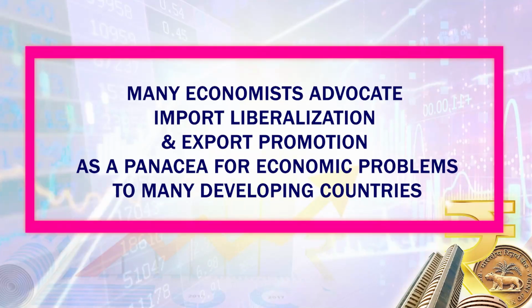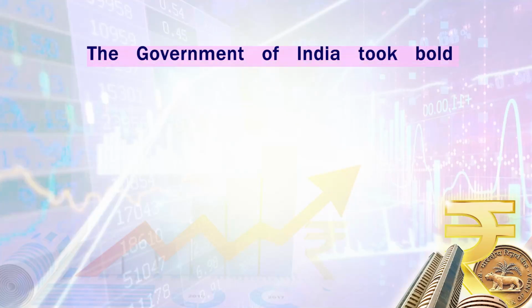In 1991, India took a bold step. It liberalized its economy, and it took many liberalized policies in many sectors, and of course, it took a liberalized foreign trade policy.